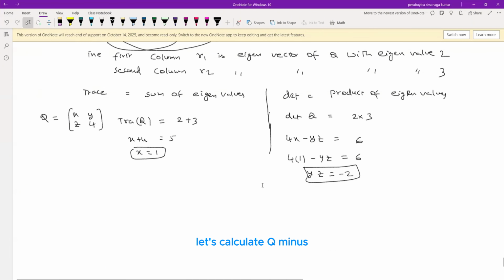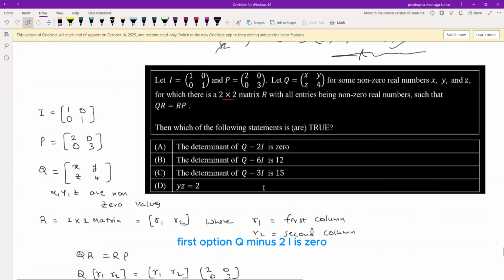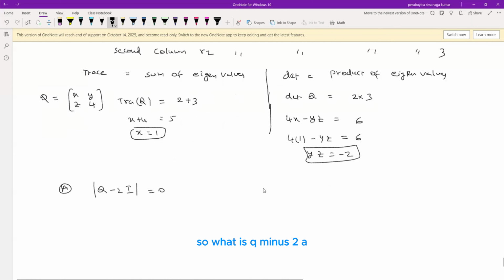Let's calculate Q minus, check the problem. First option: det of Q minus 2I is 0, they mentioned. So what is Q minus 2I? Q minus 2I matrix is [[X minus 2, Y],[Z, 4 minus 2]], because 2I is [[2,0],[0,2]].